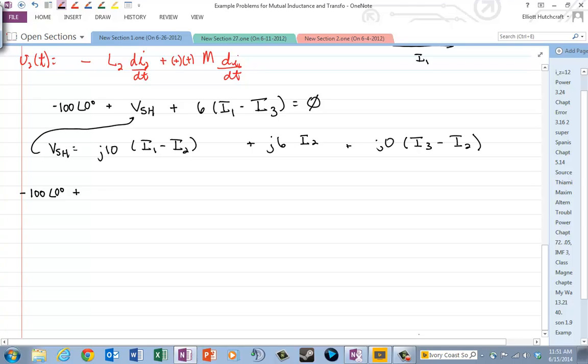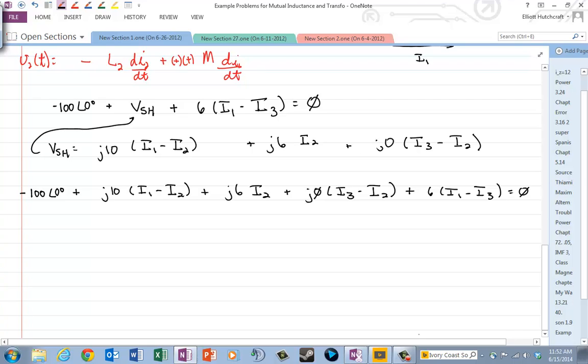Well, V5H is J10 times I1 minus I2, plus J6 I2, and I'll go ahead and still put the J0 times I3 minus I2, and then plus the last term, which is 6 times I1 minus I3, and that's equal to 0.